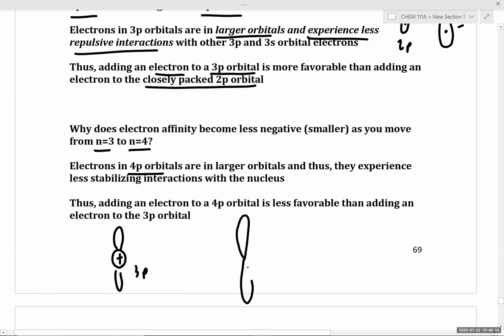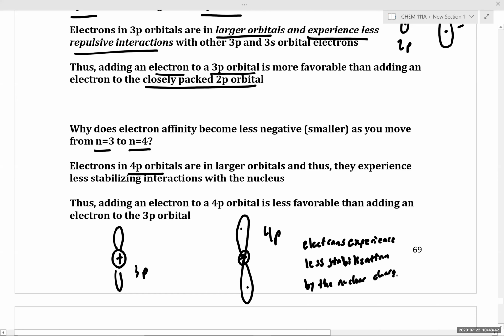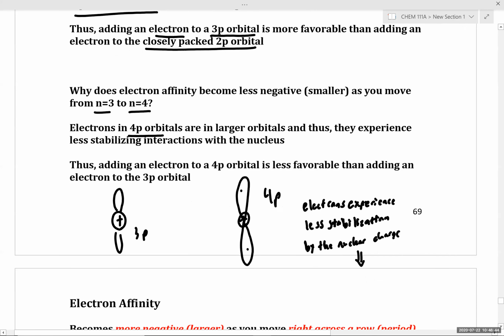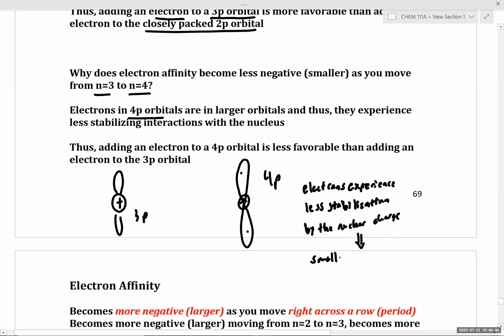When we move to something like a 4p orbital, the electrons experience less stabilization by the nuclear charge, and that in turn leads to a smaller electron affinity.